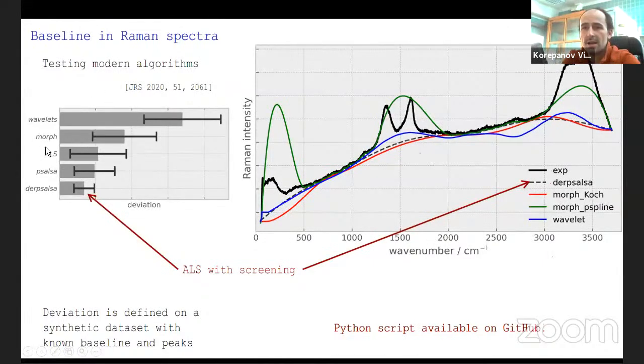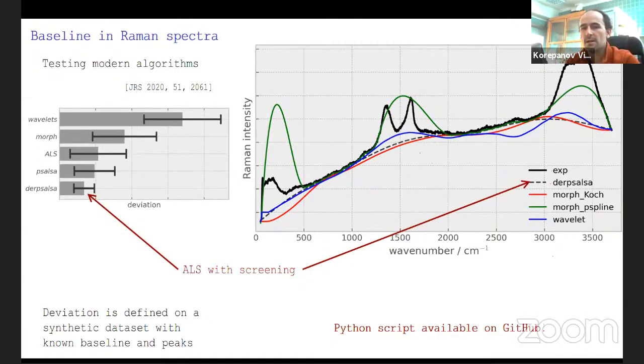On the left side is the performance of several baseline algorithms, and in this plot, the smaller the better. The deviation here is defined on a synthetic data set for which the baseline and the peaks are known. It is a big data set, about 1,000 spectra, composed of known baselines and known peaks.